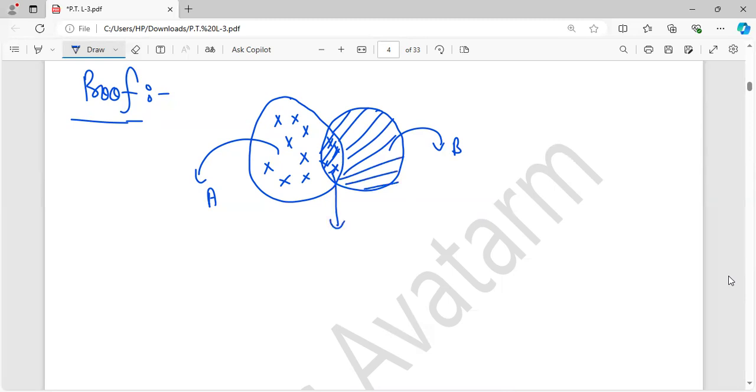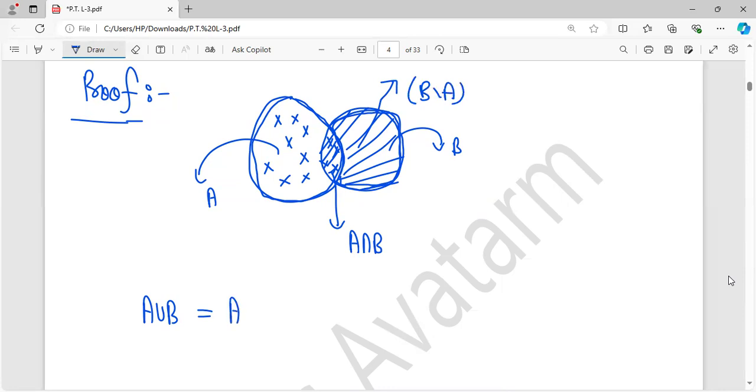And this set is A intersection B. So how can we write A union B? I can take full set A, this to this, and I can take this much part. So what is this much part? This much part is, I'm writing here, B minus A. So A union B is nothing but A union (B minus A).